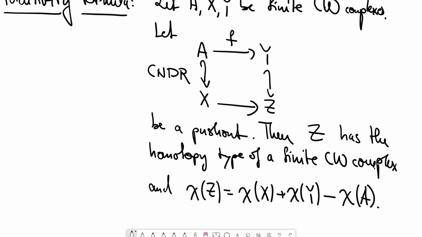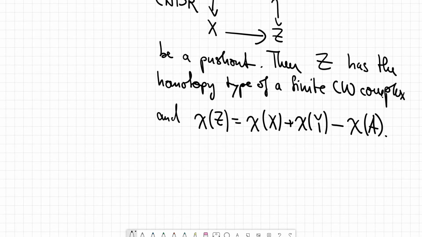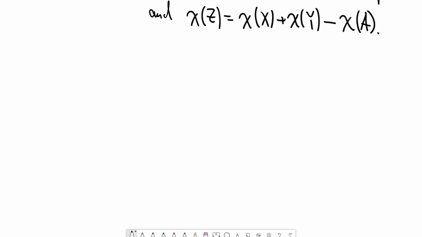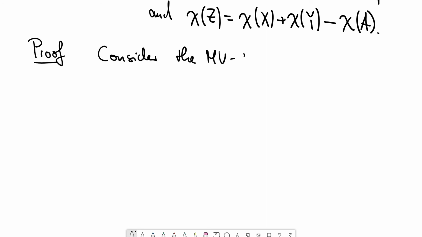So let's prove this additivity formula using the definition, or the characterization, I should say, of the Euler characteristic as the alternating sum of the Betti numbers. And for that, I consider the Mayer-Vietoris sequence of this push-out. We do have it because we assumed a closed neighborhood deformation retract on the left vertical map.